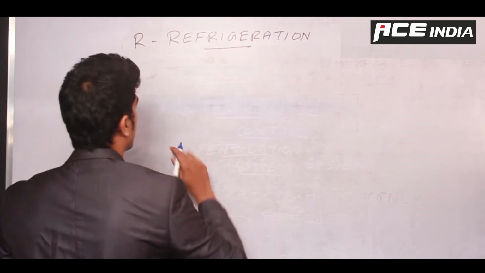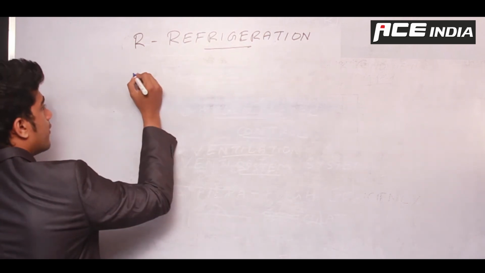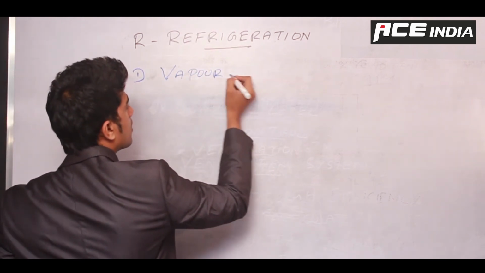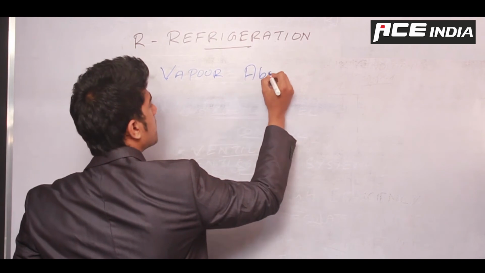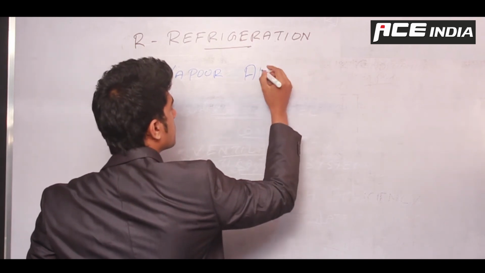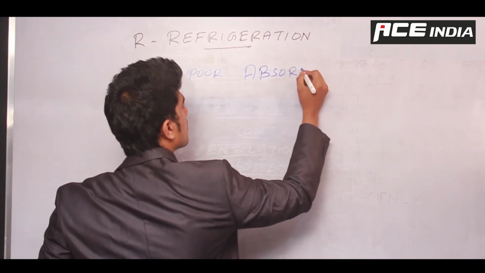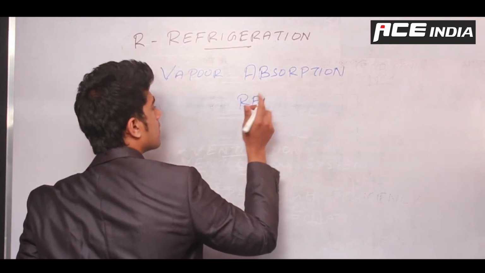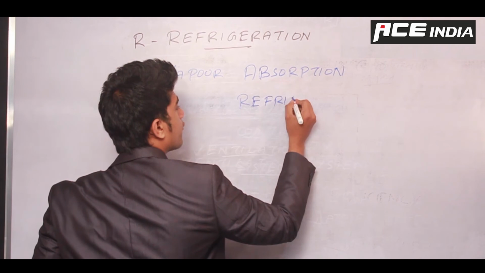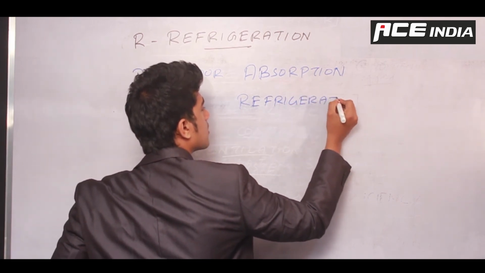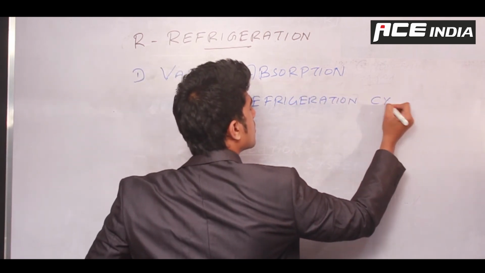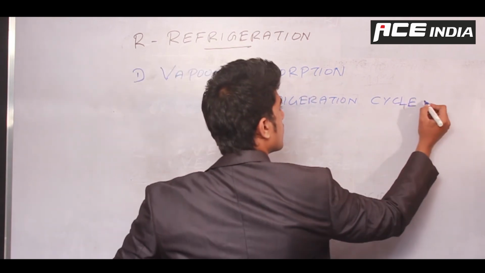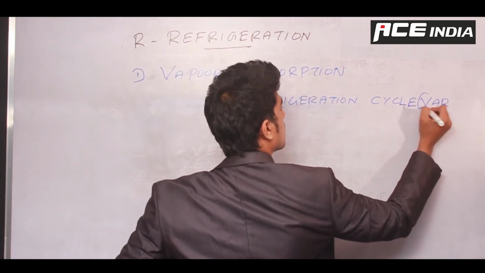For achieving refrigeration, you have two types of cycles. The first one is called the vapor absorption refrigeration cycle, or VAR.